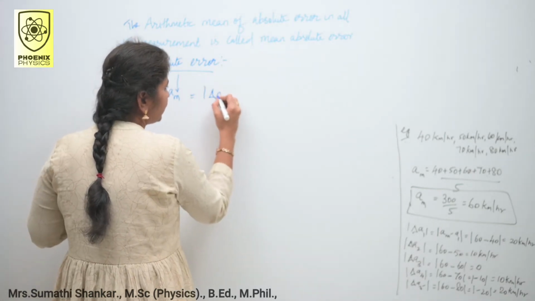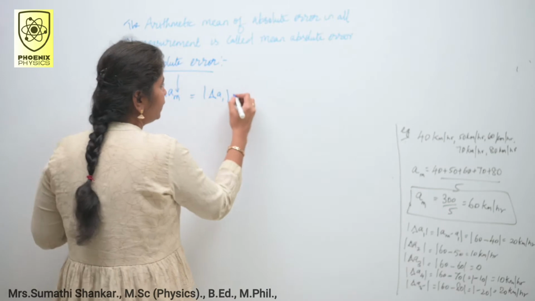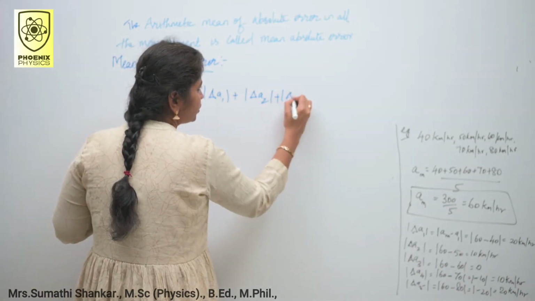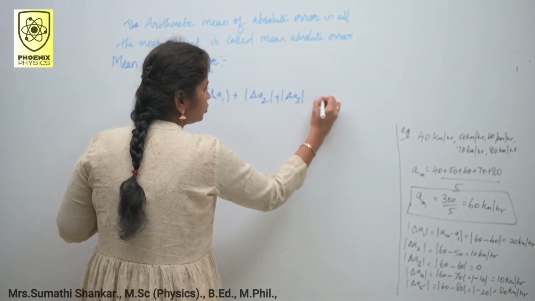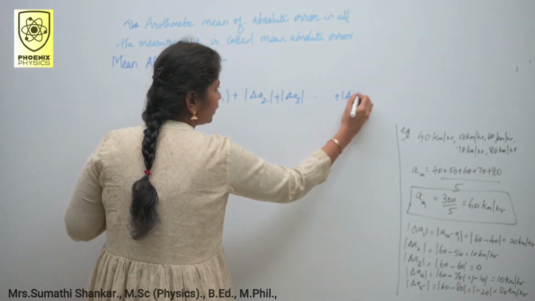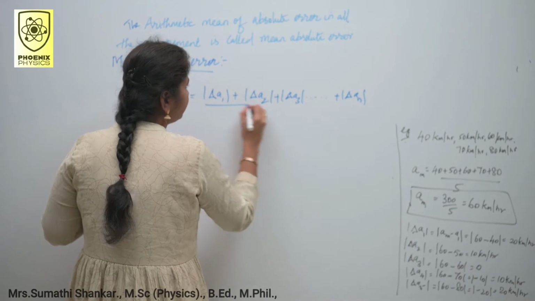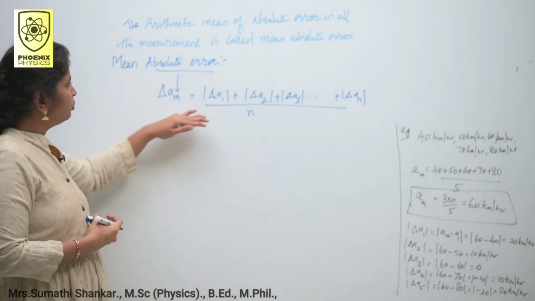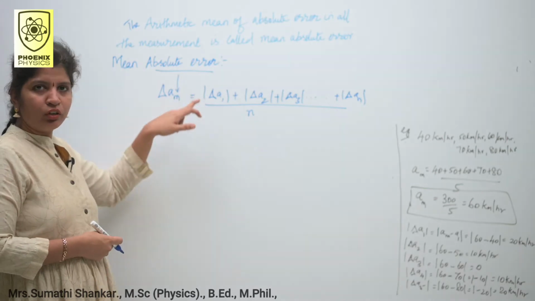Modulus of delta A1, our absolute error, plus modulus of delta A2 plus modulus of delta A3 up to modulus of delta AN, divided by N. This is the formula for mean absolute error.